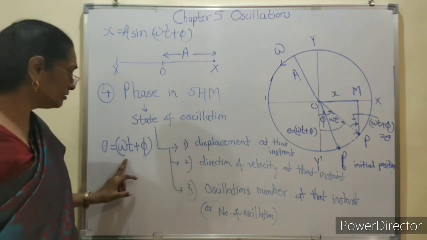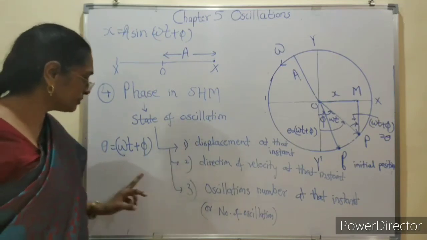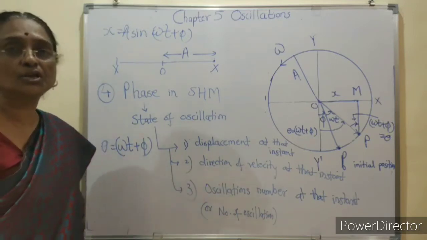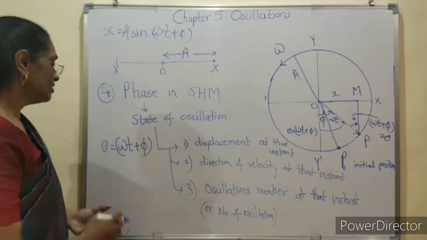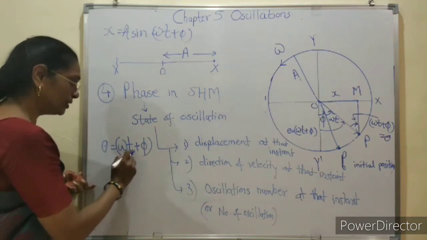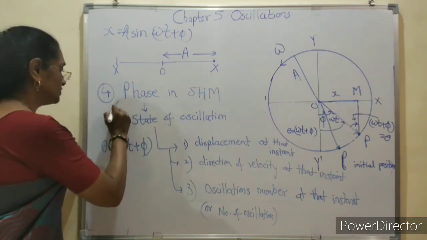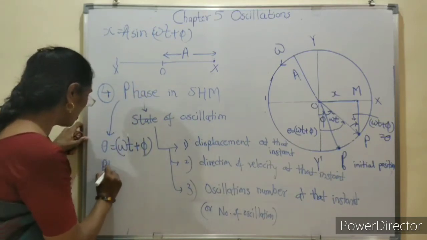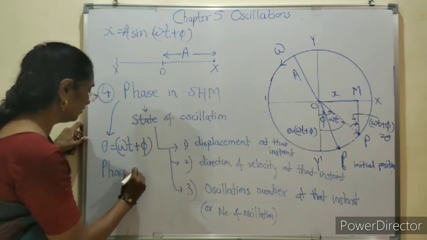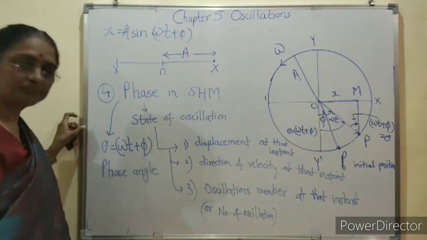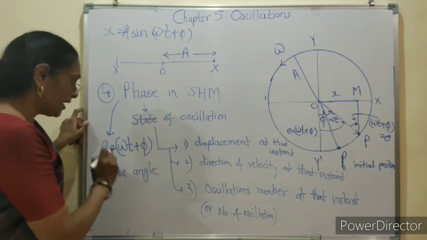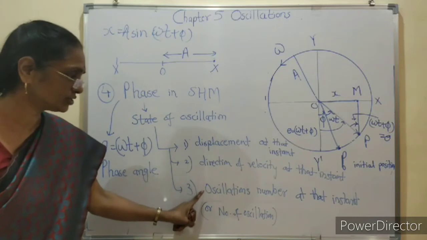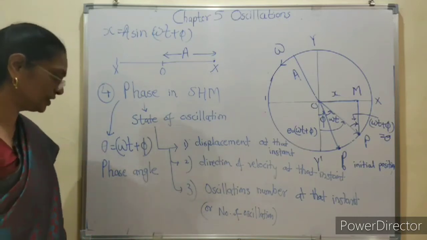It can describe displacement, direction of velocity, as well as measure the number of oscillations completed. So this theta, which is omega t plus phi, represents the phase, or it is also called phase angle. Phase angle gives us the idea of displacement, direction of velocity, and number of oscillations.